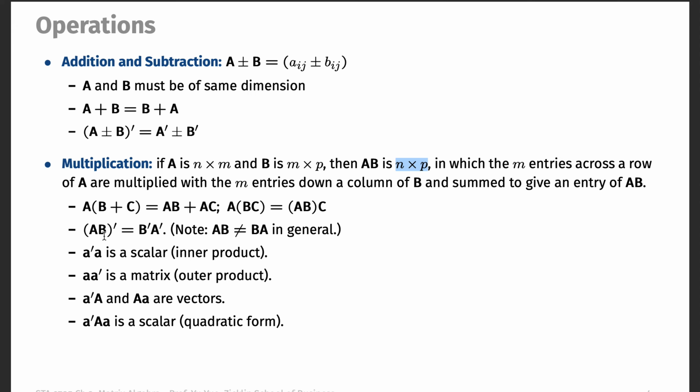And a number, the transpose of it is itself. So if A is a row vector and B is a column vector, then A transpose B can be a scalar. And the transpose of a scalar is itself.